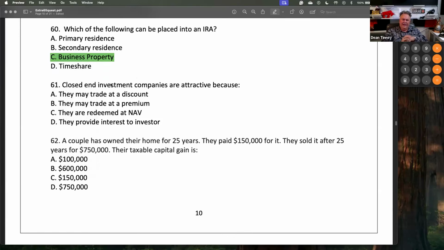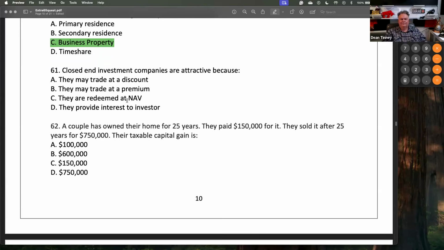Closed-end companies are attractive because... I'm not a big fan of this one. Well, they can trade at a premium or a discount. Yeah, I'm with you. So what would be better?